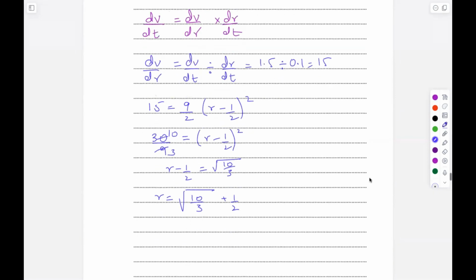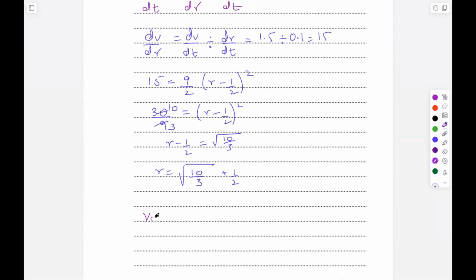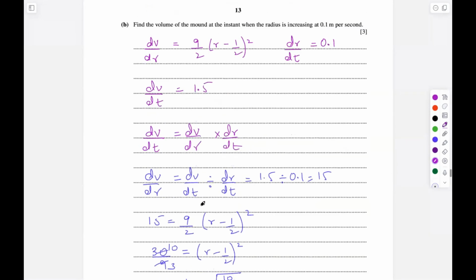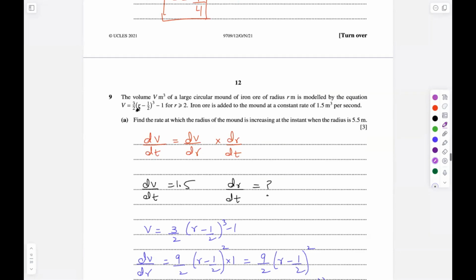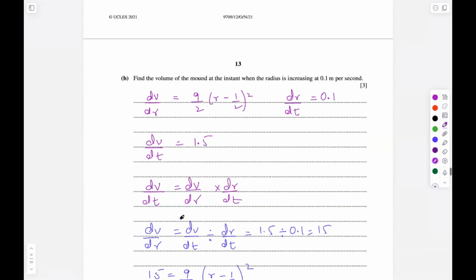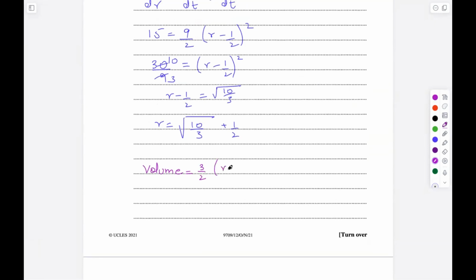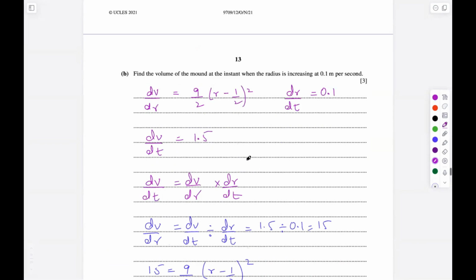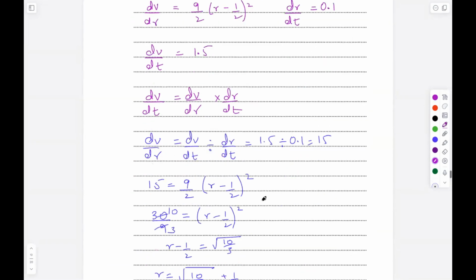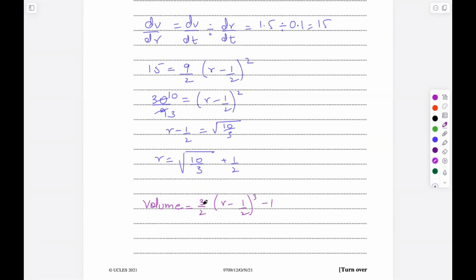Once we have the value for r, we can now substitute it into the original expression to find the volume. So the original expression for volume was 3 upon 2 into (r minus half) whole cube minus 1. Substituting the value of r over here, square root of 10 upon 3 plus 0.5 is equal to 2.325.